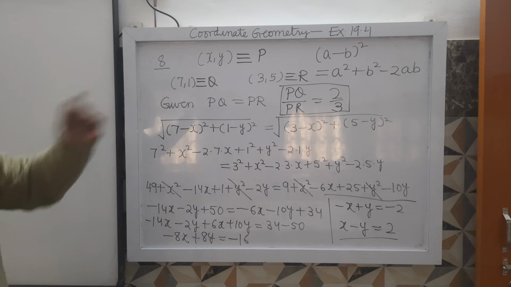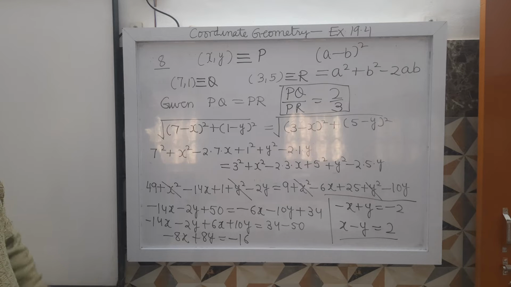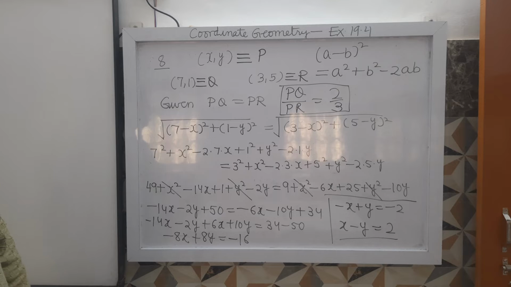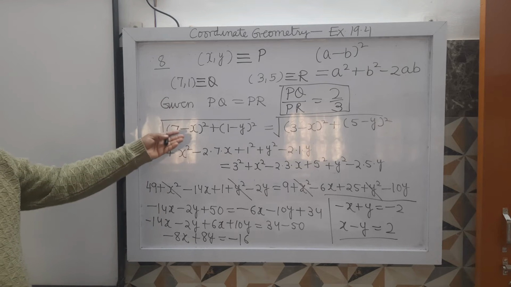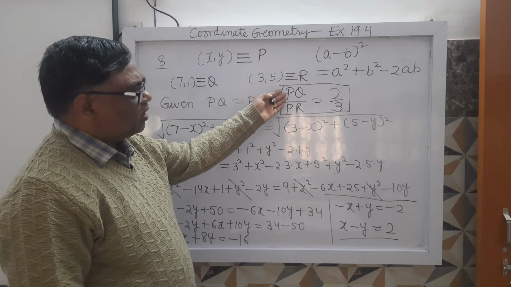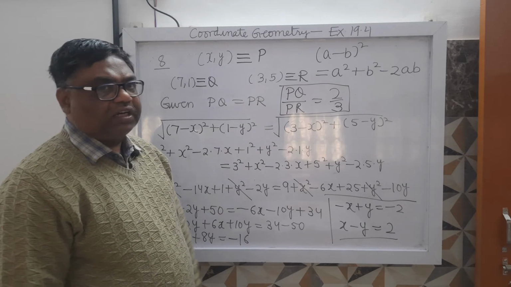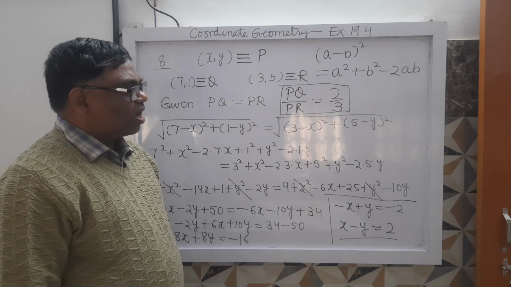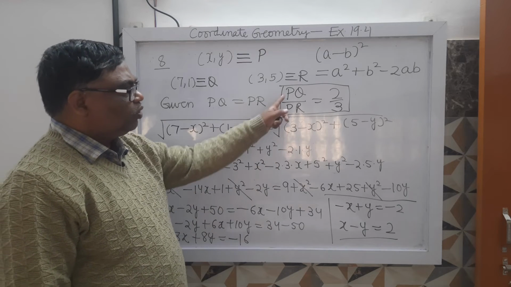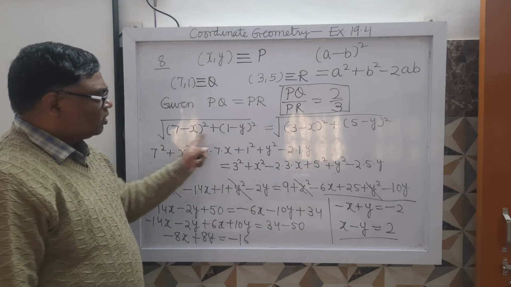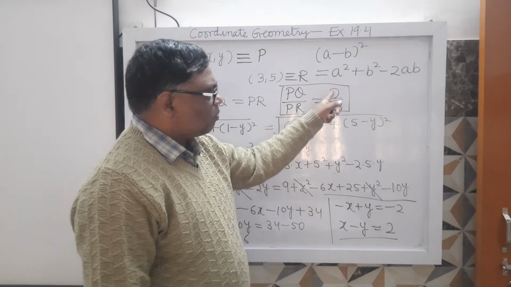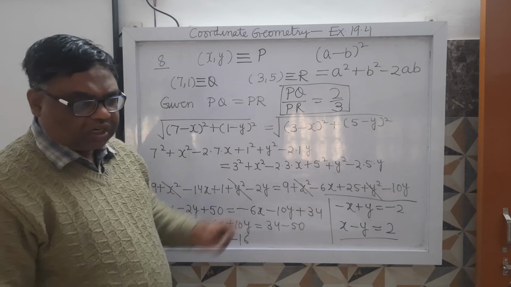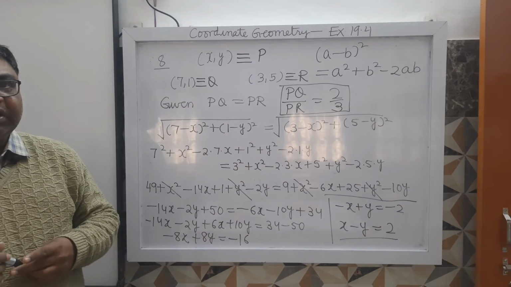Instead of being equal, it is given that the length of PQ upon the length of PR is equal to 2 upon 3. So you will do it in the same way. Here you will write the distance PQ, here you will write the distance PR. Then you will square both the sides. So when you square, what will you get? This square plus this square upon this square plus this square equals 4 upon 9. So you will try to do that and determine the relation.